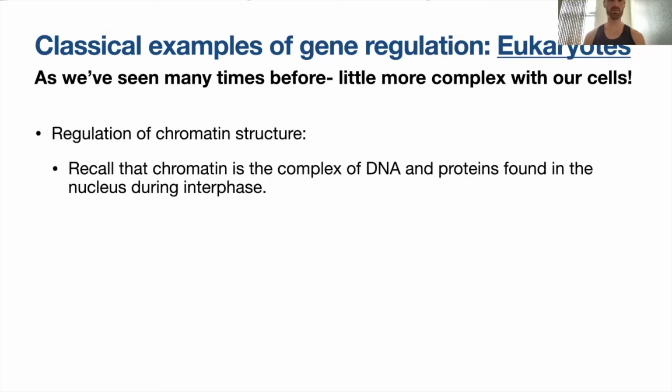It's not too condensed. It's kind of stringy and loose. This is good because it makes the DNA accessible for transcription, for RNA polymerase to come in and transcribe DNA to produce messenger RNA.